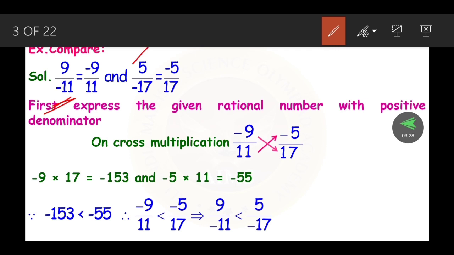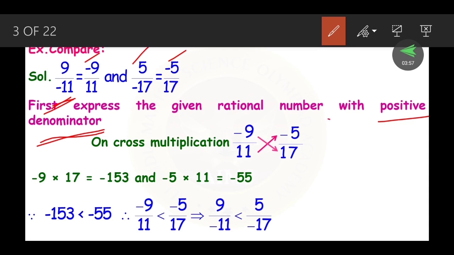But what is the condition here? The denominator should be positive. So we take the minus symbol upwards, it will become minus 9 by 11. Here also the minus symbol upwards, it will become minus 5 by 17. So we have expressed the given fractions with positive denominators.